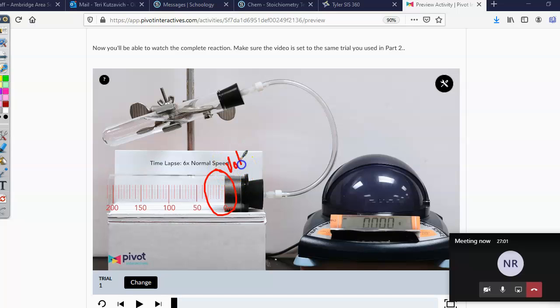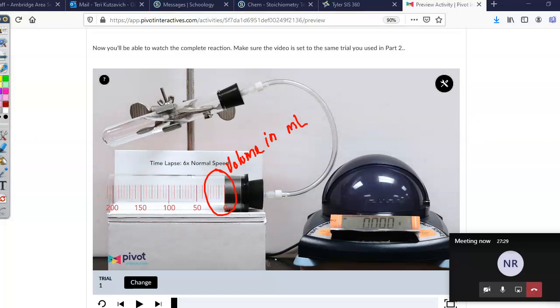This is your volume in milliliters. They tell you each of these are 5 milliliters, so you just have to add up. Well, do I have 5 milliliters, 10 milliliters? If this plunger is pushed all the way down, then you would have 100 milliliters. It all depends where this plunger goes. Every trial is going to be different. So that's how you get number 3.